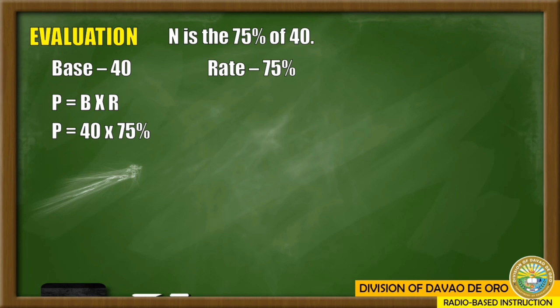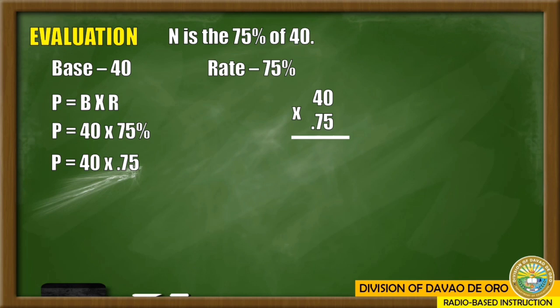Step 2, we will put the value of base and rate, which is the 40 and 75%. Then step 3, we will convert the percentage into decimal form, which is 75% going to 0.75. Then we will multiply, so we can get the value of percentage.